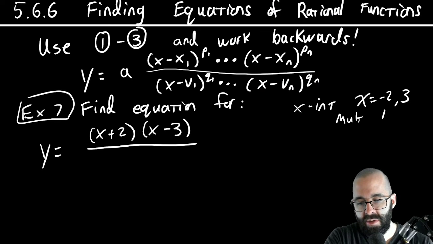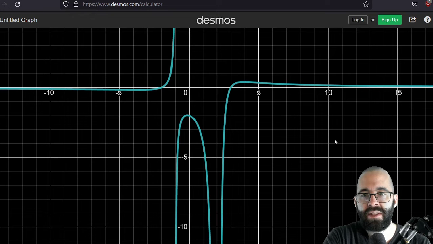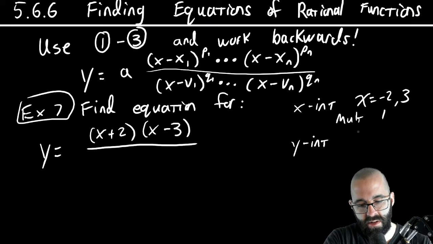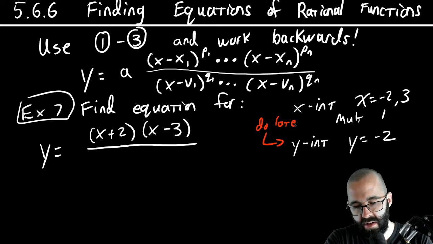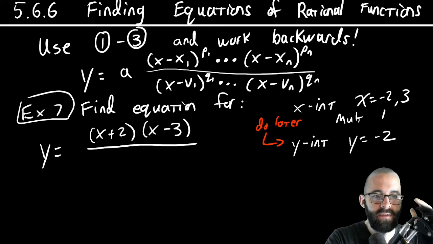Okay. We got the zeros and the multiplicities. The y-intercept we're going to have to incorporate a little bit later. The y-intercept here is at y equals -2, right here. Let's save this for later. That's how we're going to find our scaling factor.